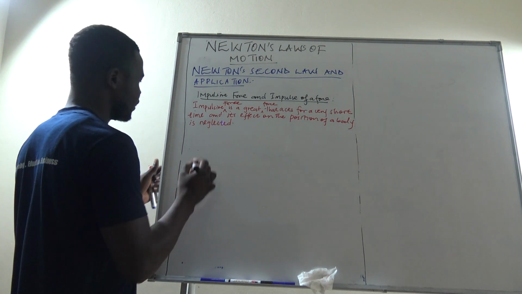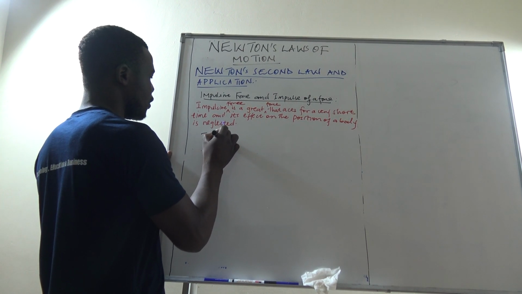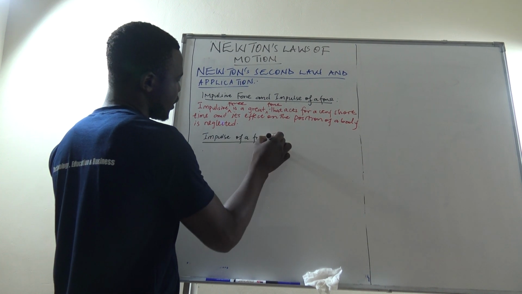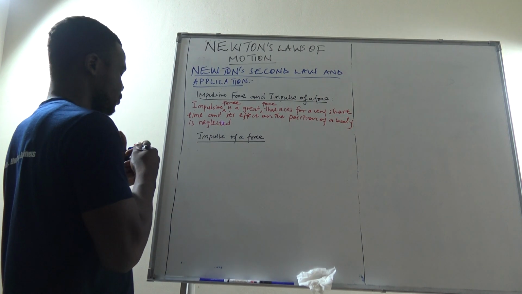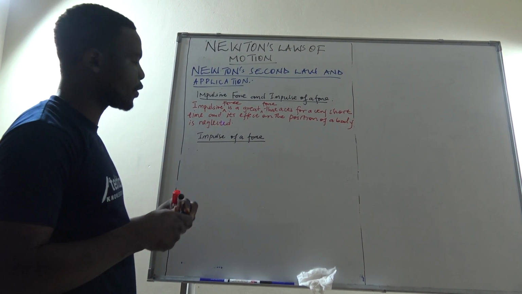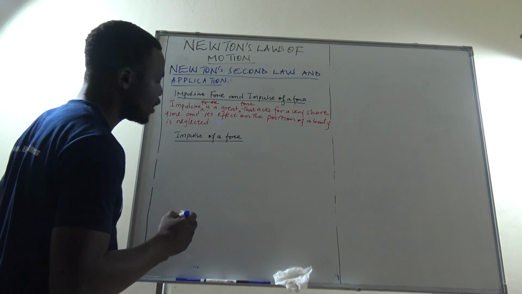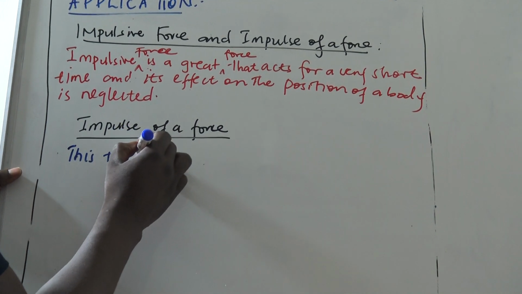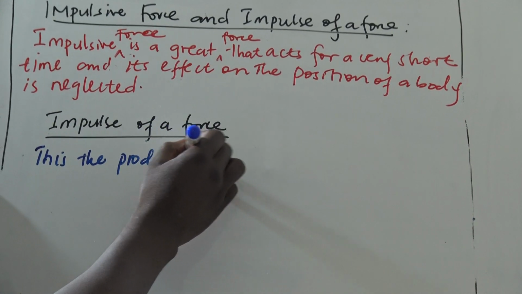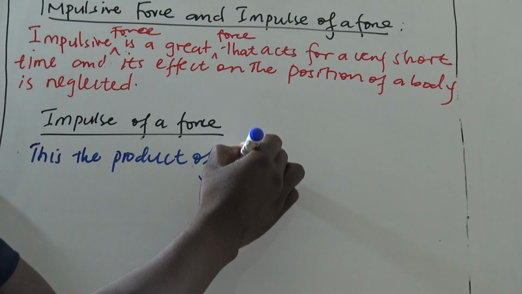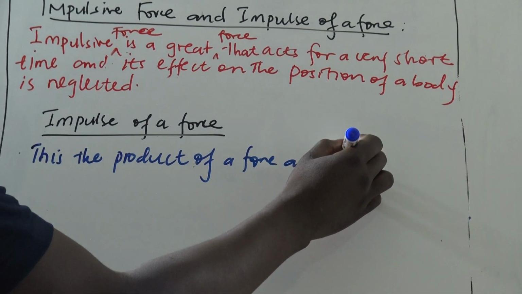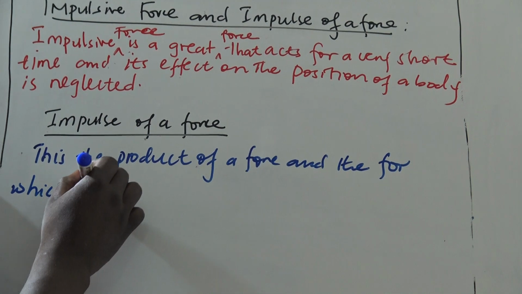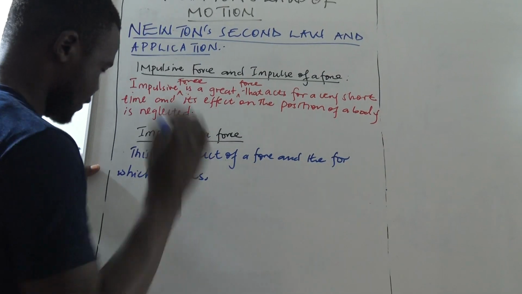Now let's look at what we call impulse of a force. What is impulse of a force? Impulse of a force is the product of a force and the time for which it acts.